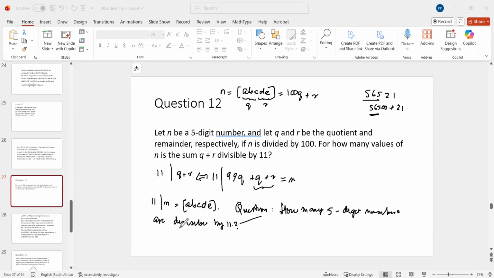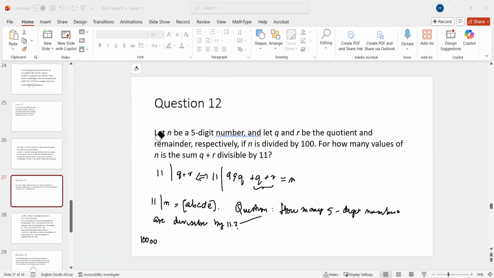So let's see, the 5-digit number that starts from 10,000. 10,000 is the first 5-digit number. Now, what is the closest multiple of 11 to 10,000? I want to know the smallest possible 5-digit number. So how do I answer that question?